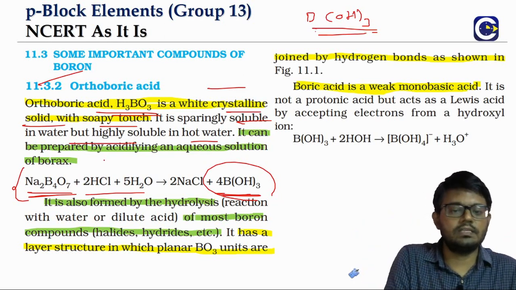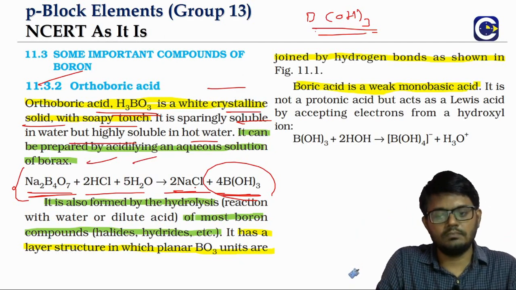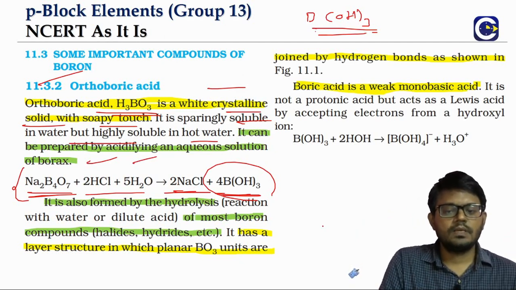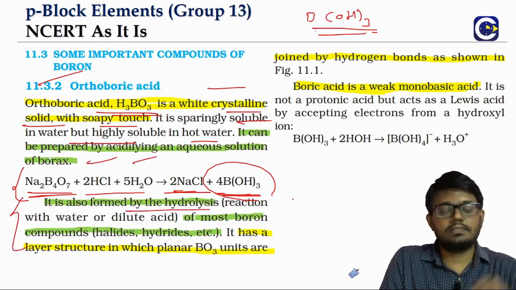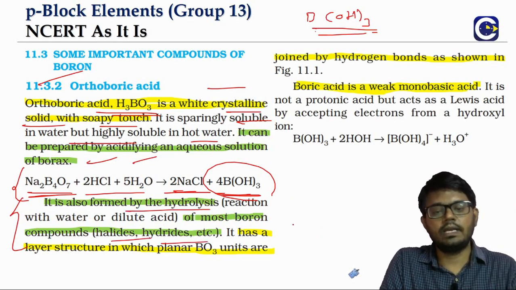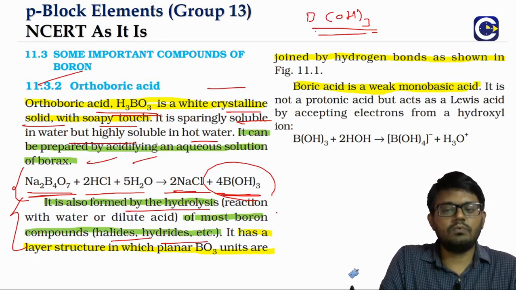Here, if you take an acidified aqueous solution, we will get the corresponding sodium salt instead of the sodium hydroxide. And this is also prepared by the hydrolysis of the boron compounds. So whether it is halides or hydrides, when you do the hydrolysis, we will get the orthoboric acid. Because at the end of the day, orthoboric acid is B(OH)3.